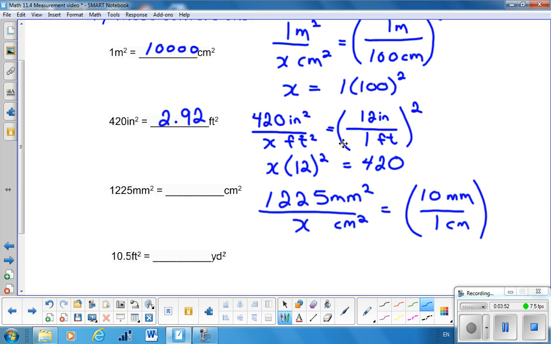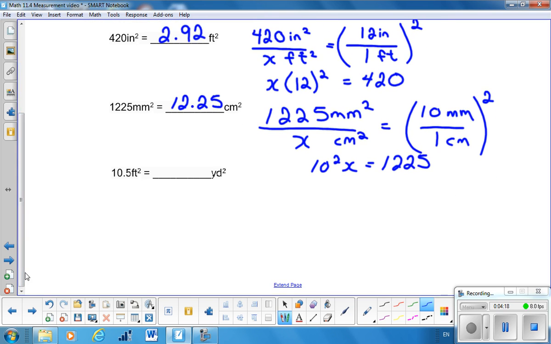Because we're dealing with squared units, we have to square that conversion factor. We end up with 10 squared times x equals 1,225. When we divide 1,225 by 10 squared, or by 100, we end up with 12.25.